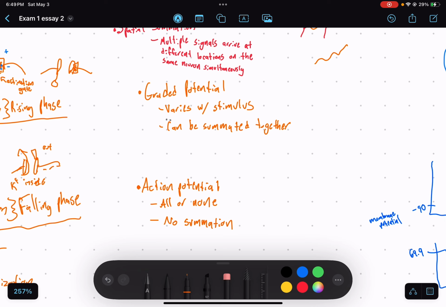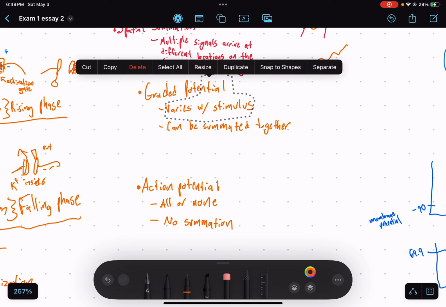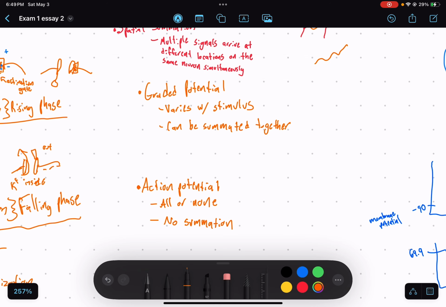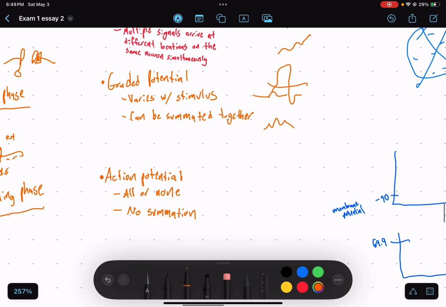Graded potential varies with the stimulus. So you can have a graded potential go here and then back down, or make it to the action potential and then allow the action potential to take place. So each one can have different levels based on the stimulus that it is hit with, and they can be summated together.